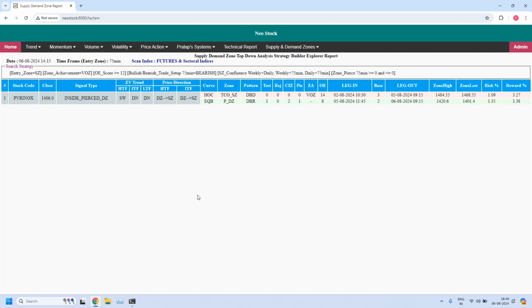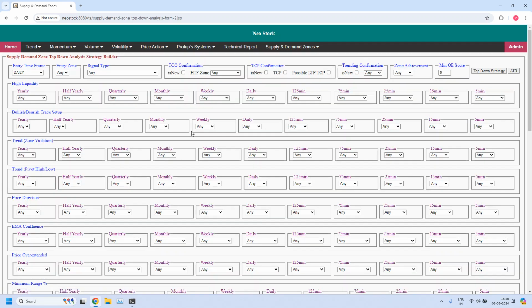So only one stock, PVR Inox, is currently supporting. This is supporting bearish trade setup, and it is having confluence with all the 3 time frames, and also it is a high liquidity zone, but low priority high liquidity zone. Okay, this is about weekly income trade, and the next one is a daily income trade.